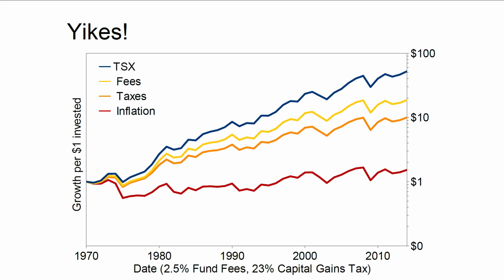Don't give up hope, but keep an eye and cut those fees where you can, and either opt for the tax deferred or tax advantage accounts where you can, and hopefully that inspires you to take a second look at exactly what you're paying your advisor.